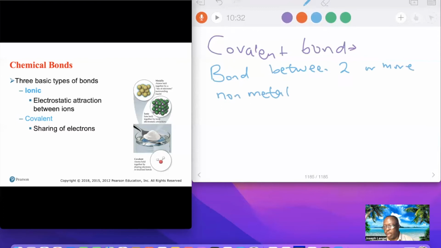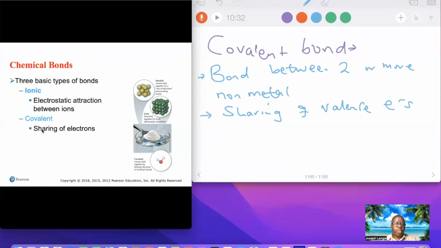You know where the metals are on the periodic table. These involve sharing of valence electrons to fulfill the octet rule, which we will look at later on.